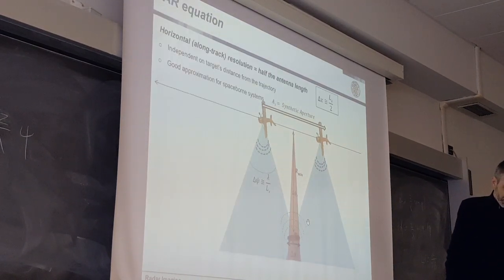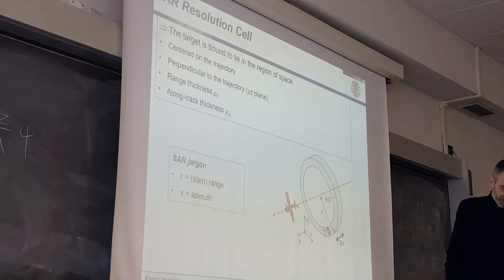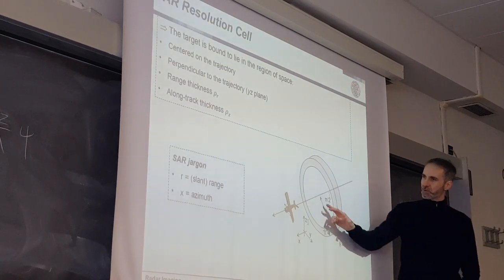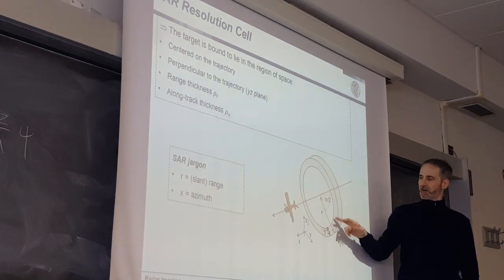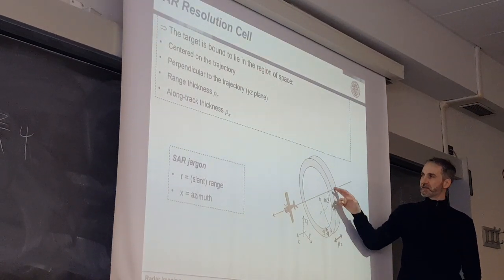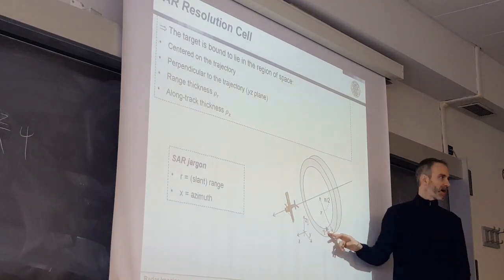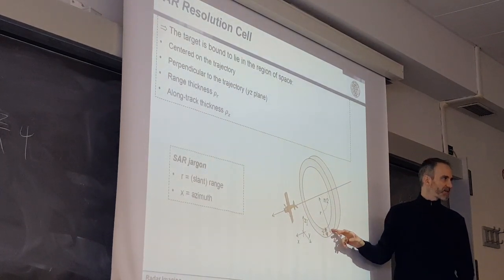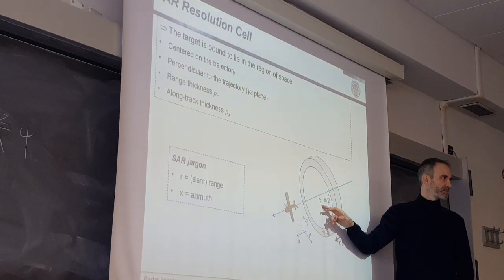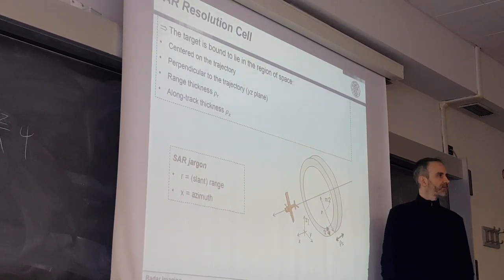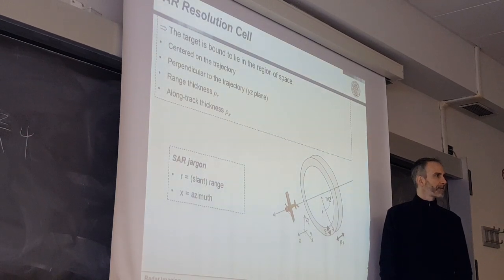Here, this R is the minimum distance. All the targets in this bicycle tire are at the same minimum distance from your trajectory. But the minimum distance with respect to the car is different, no?